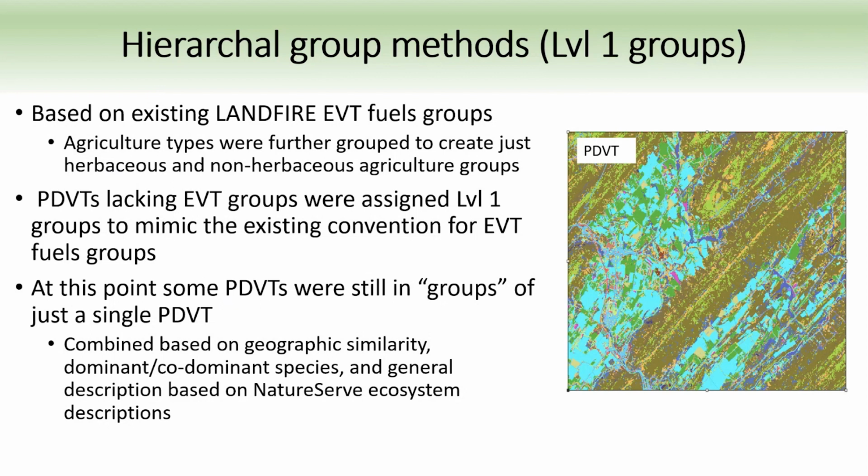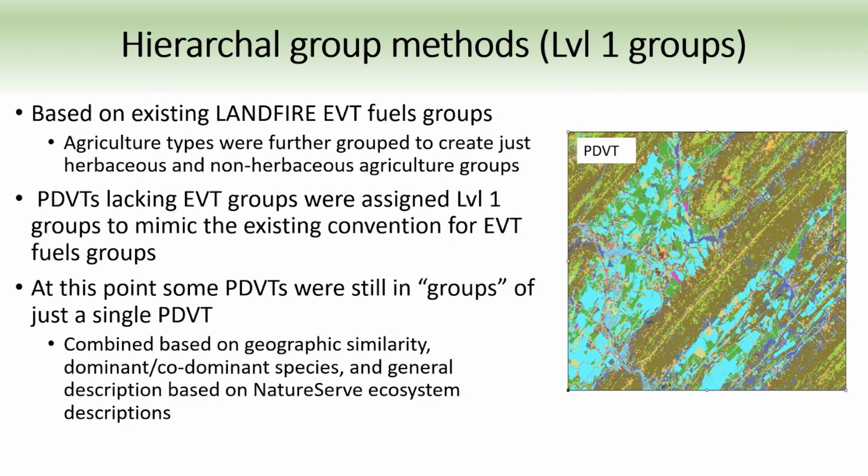So there's a whole bunch of types, hay is separate from row vegetation and so on, and I grouped those into herbaceous and non-herbaceous. Some of them were lacking existing fuels groups, and I went in and created groups for those to mimic that existing fuels convention, including some of the developed area types.